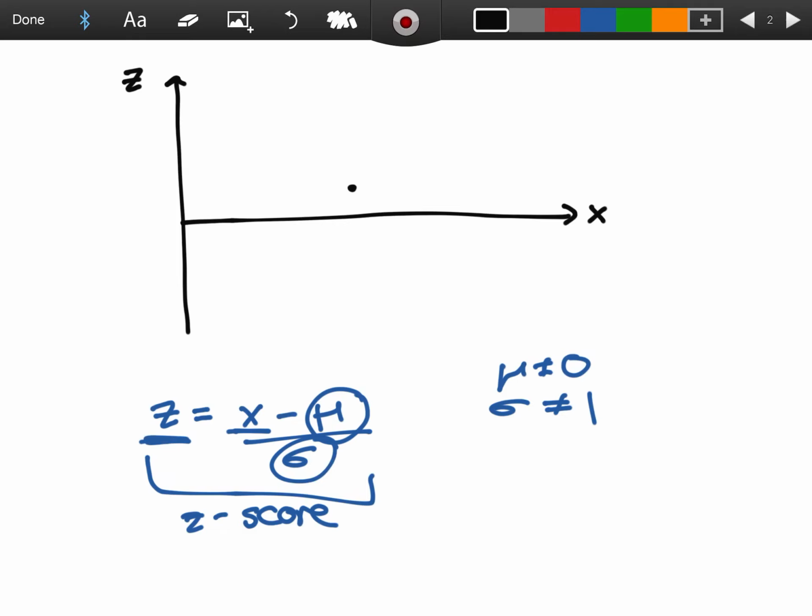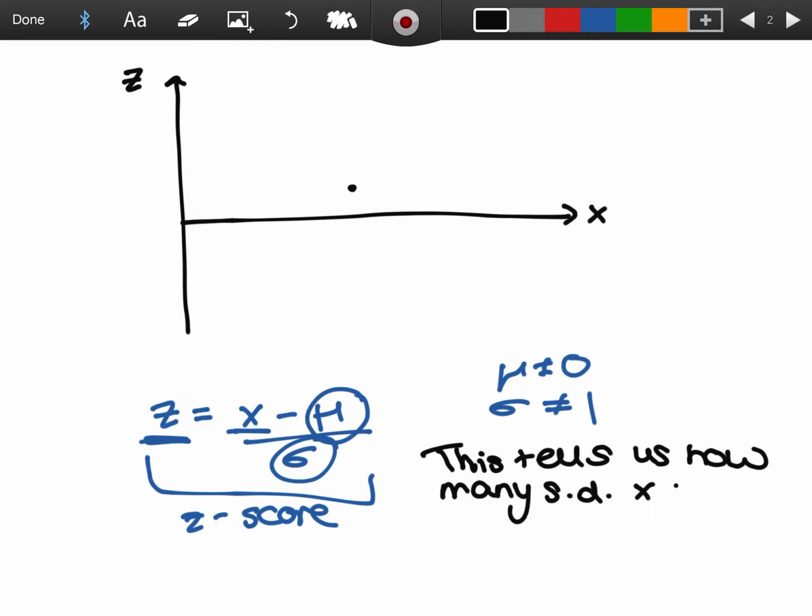That tells me how many standard deviations, how many multiples of the standard deviation, x is away from the mean mu. Let me say that again. What this z-score does is it tells me how many standard deviations x is away from the mean mu.